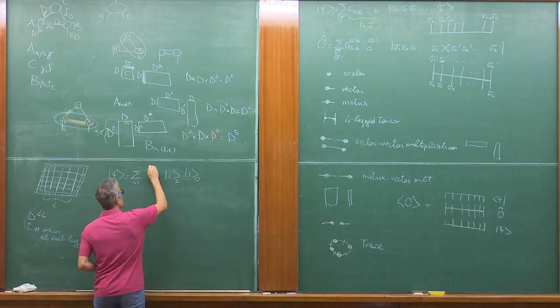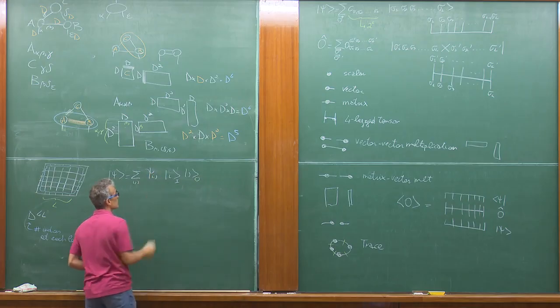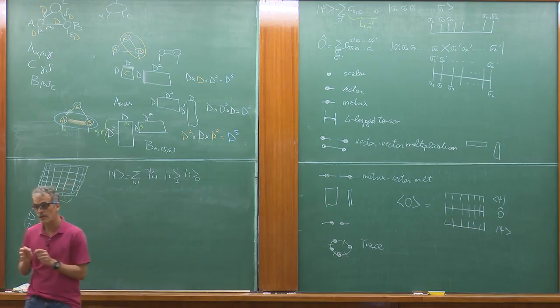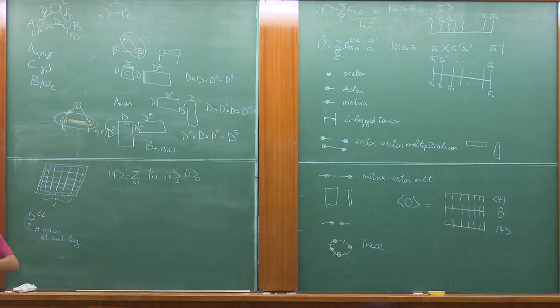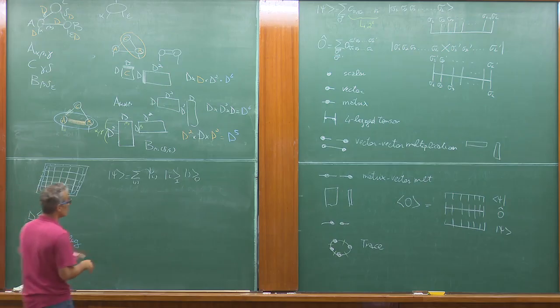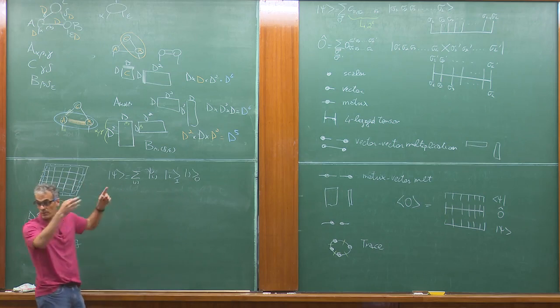I call this psi ij the coefficients. So I represents all possible configurations of sigmas, which spins can be, and j is the same, but for the outer part.